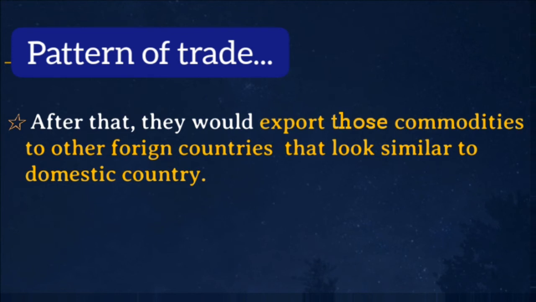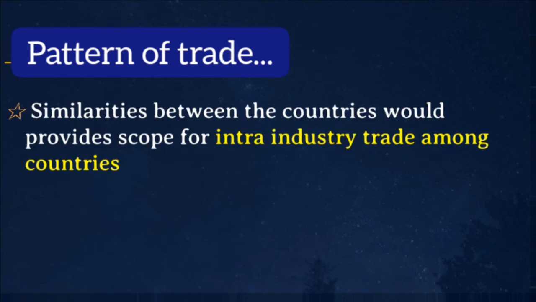Since both the countries are identical, the needs and wants of the customers are also more likely to be the same, and these similarities would result in more scope for trade among the countries. These similarities would also provide more scope for intra-industry trade.